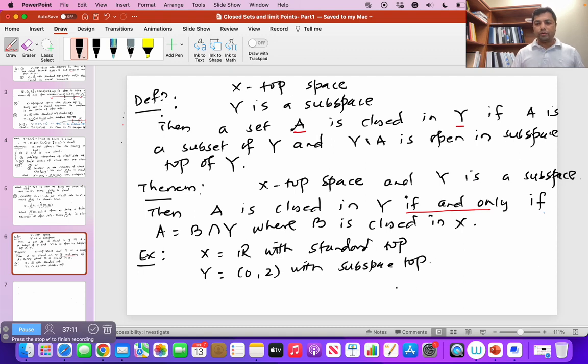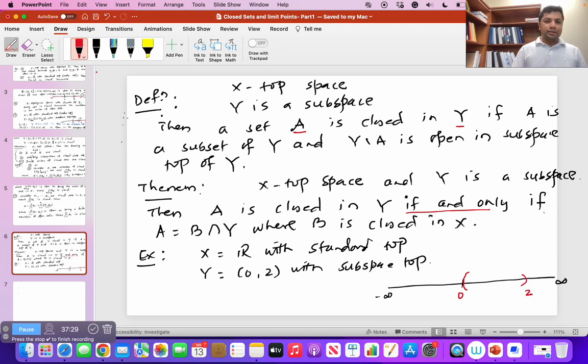Now here we have this real line. This is center, this is negative infinity, that one is positive infinity, and our subspace of R is this interval 0 to 2. This is our interval.